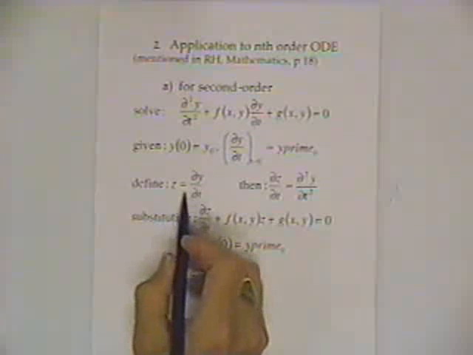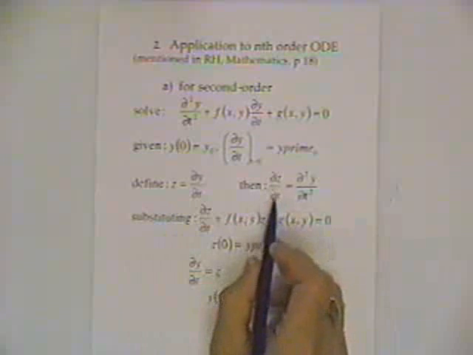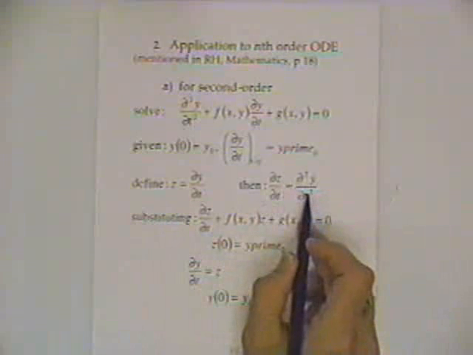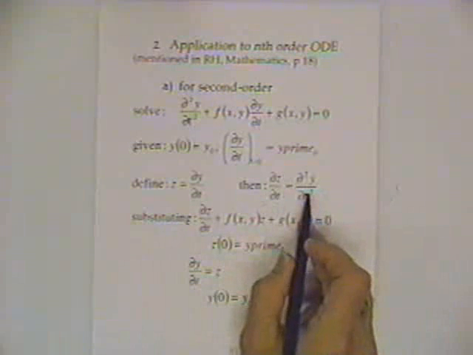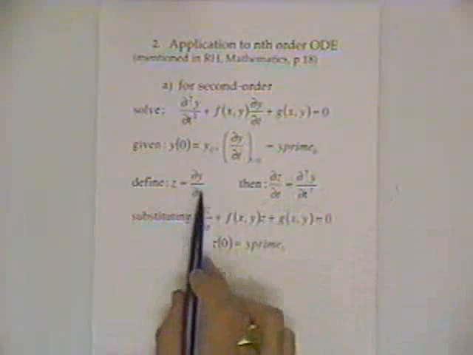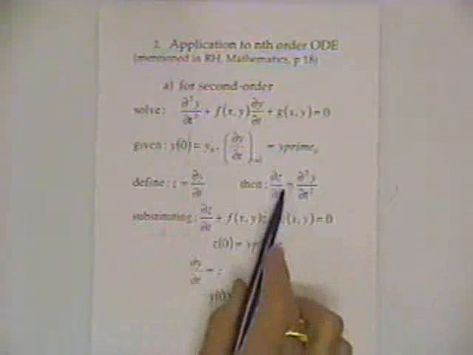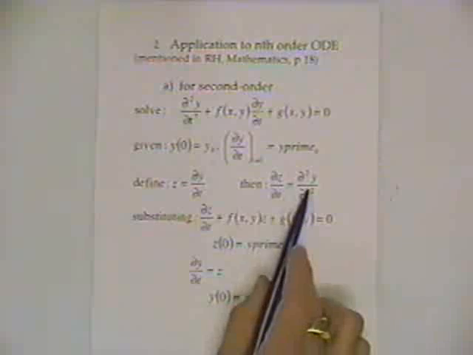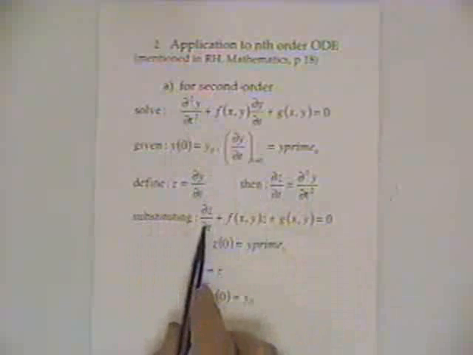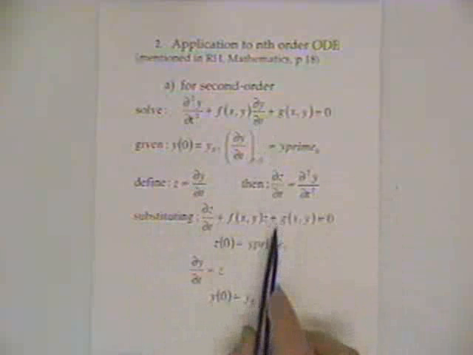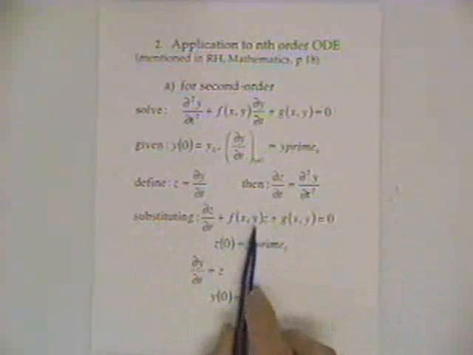Right? If that's your definition for z, then you can take the first derivative of z and show that it's then equal to the second derivative of y. Right? Then you substitute back into the original equation, substitute that the first derivative of z with respect to t is equal to the second derivative of y with respect to t. Substitute that the first derivative of y with respect to t is equal to z.